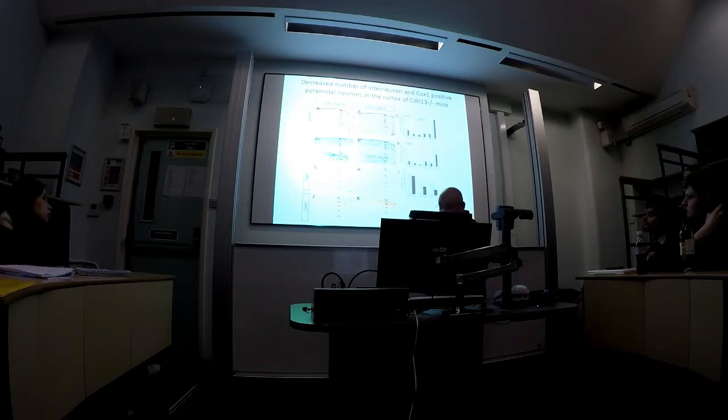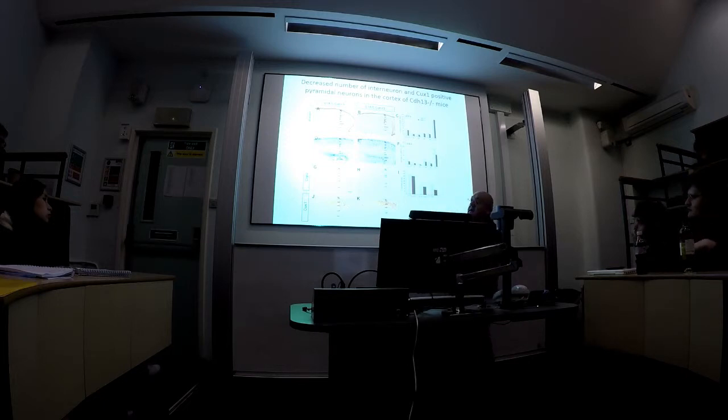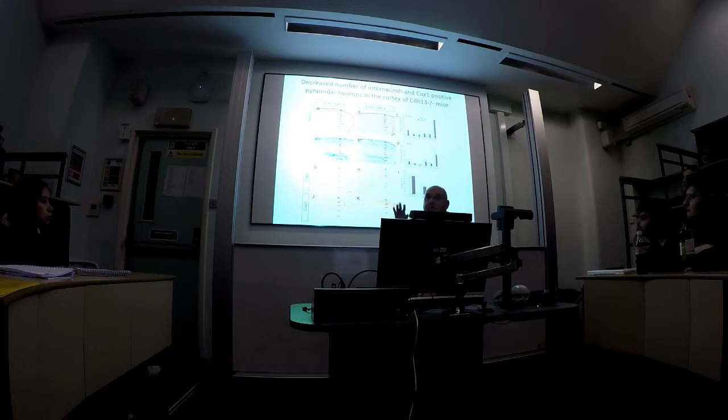When we looked a little bit further into this, we noticed that we see fewer interneurons in the cortex, but it's not because there's a problem in either their generation or their migration, because we don't see a defect at E15. We only see it later on, when they're already in the cortex. But we know from other work with this gene that if you knock this gene out, the cells are more sensitive to oxidative stress.